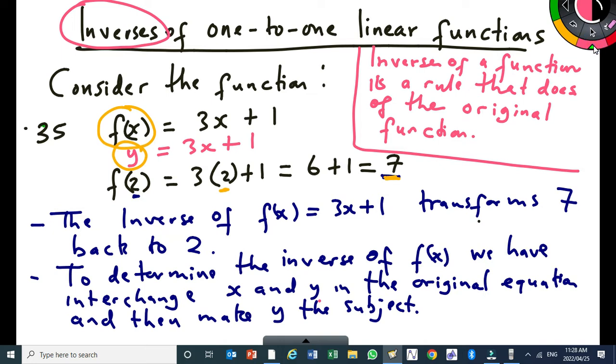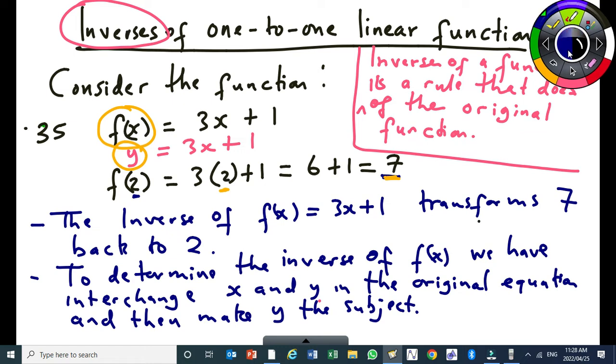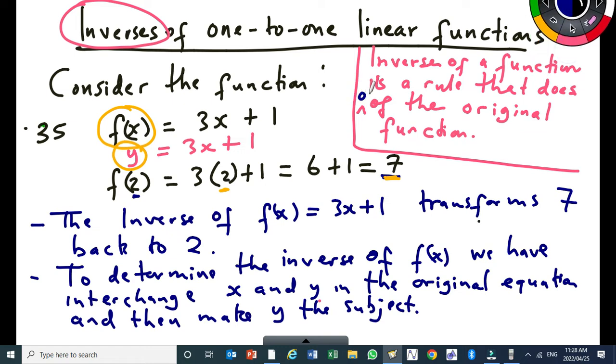I think I forgot to put the word opposite there. It's a rule that does the opposite of the original function. The inverse of a function is a rule that does the opposite of the original function.